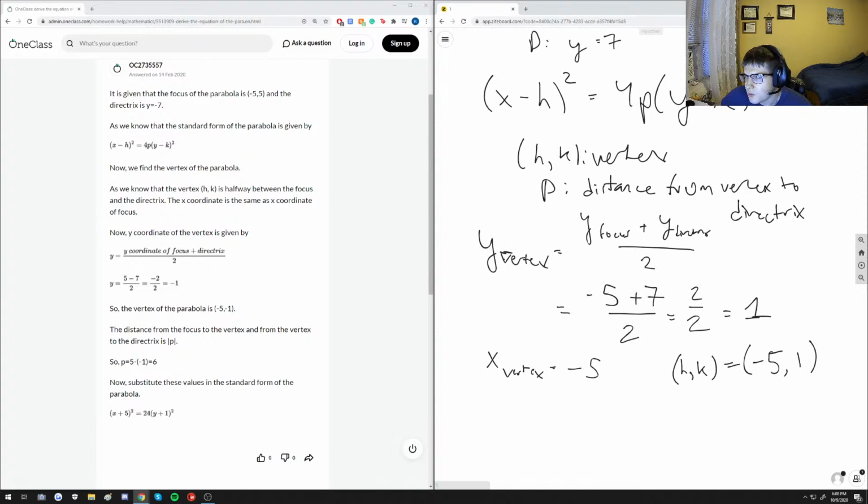And now the only thing that's really missing is our p. What p is, is the distance from the focus to the vertex. That is found by taking the y-coordinates and subtracting them.